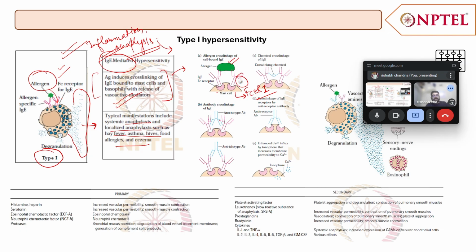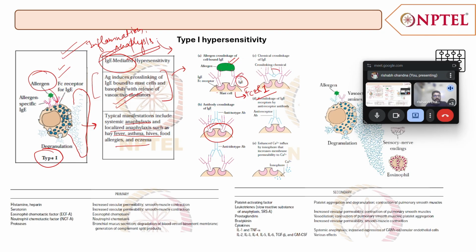So how can we block it? We can block it by the binding of an antibody to the particular receptors. Okay, then there can be a chemical cross linkage of IgE.